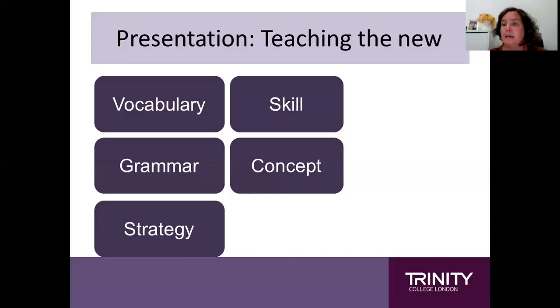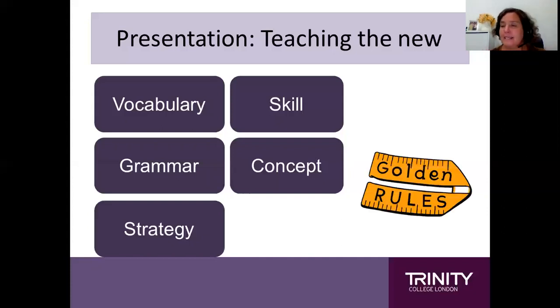We might be presenting something new when it comes to any of the macro skills, something related to reading, writing, listening or speaking, or it might very well be that we are presenting a new concept. What you will see throughout this module and the upcoming modules is that I will always be in favor of integrating everything that you are presenting and practicing and working on with your students. But let us go step by step.